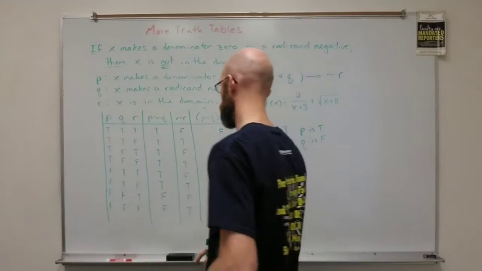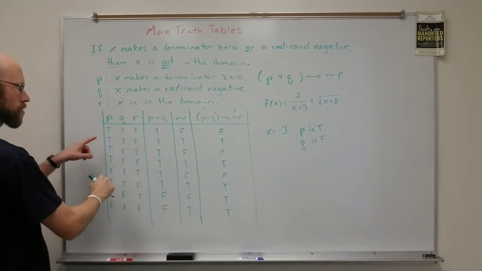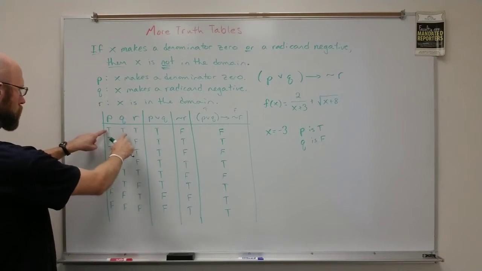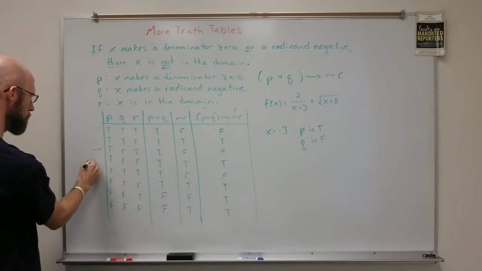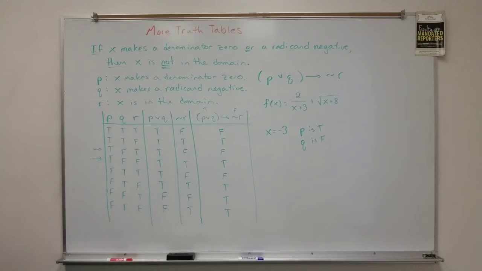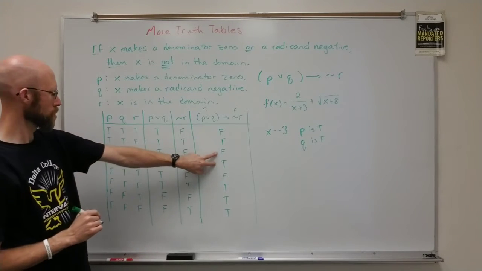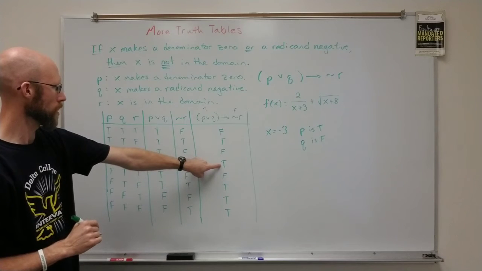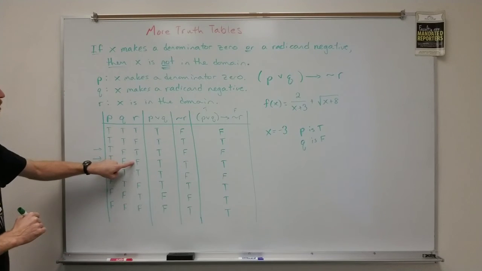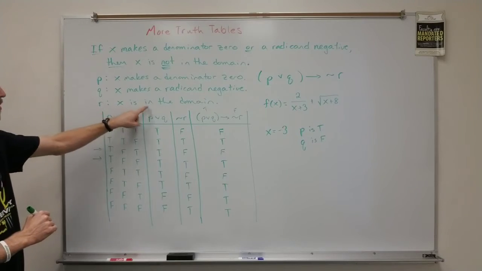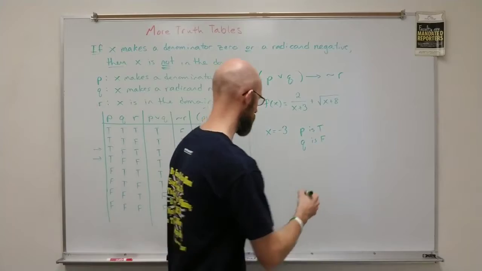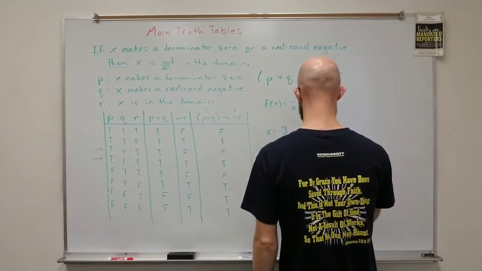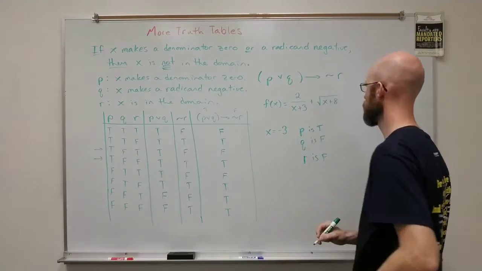Let's see what happens in those two situations. So p is true, q is false. So I've got a number that fits here and here, right? And so my statement is true only when R is false, which means x is not in the domain. So if it's false that x is in the domain, which is correct, R is false, right?